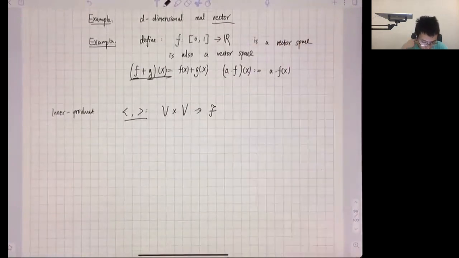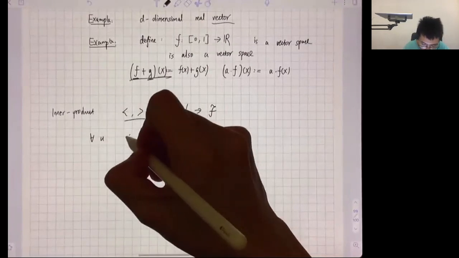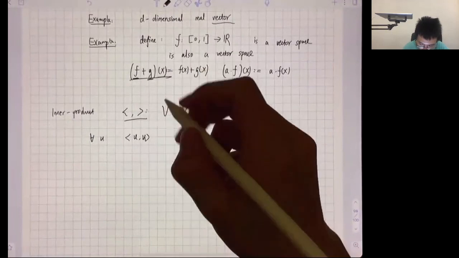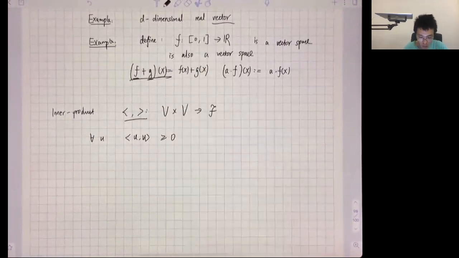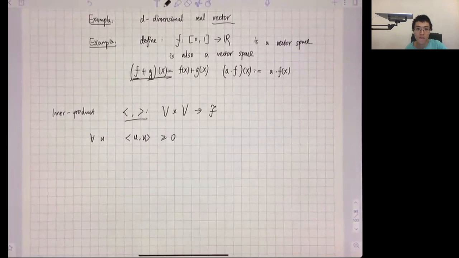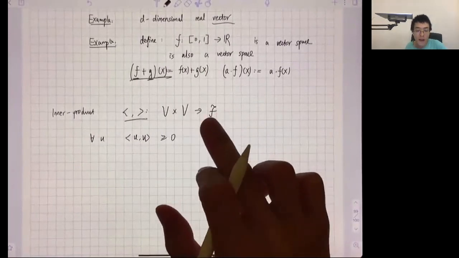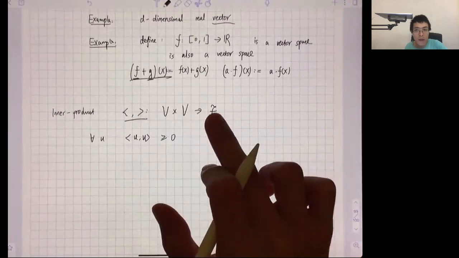So let's see if I memorize all the properties well. For any u, the inner product of u with u is greater than or equal to 0. Okay. So if you consider a complex field, then the inner product may be a complex number.